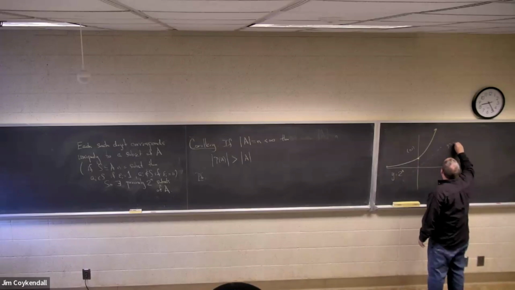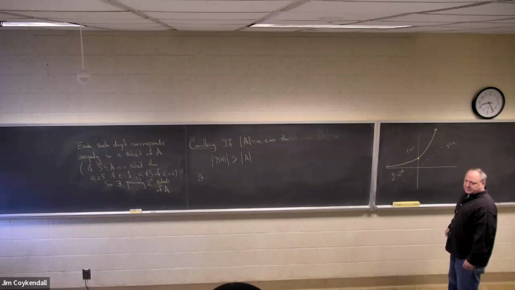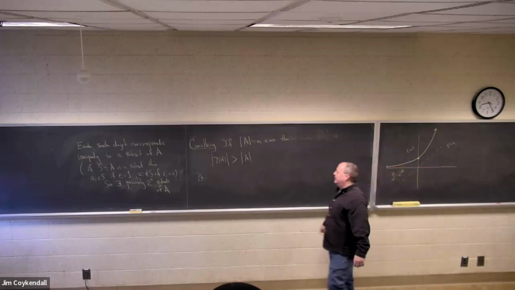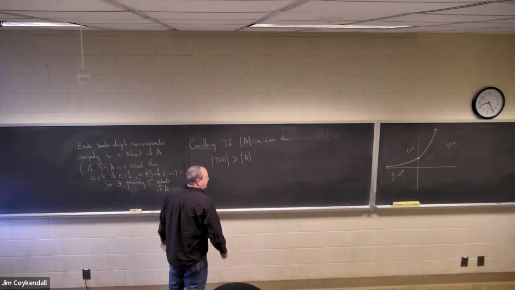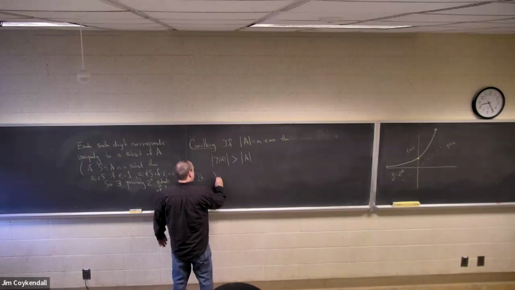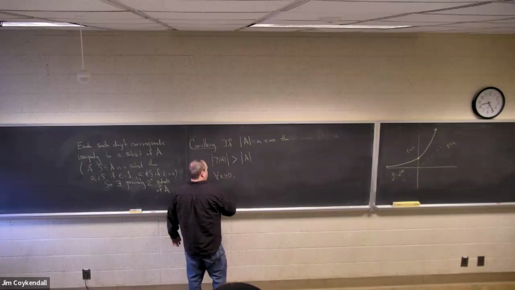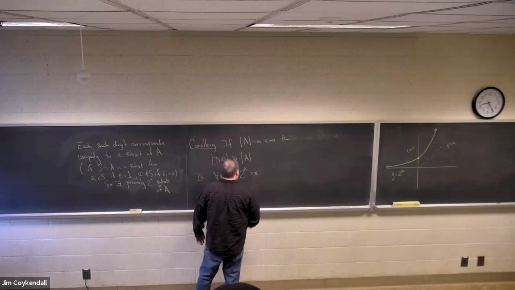This is what y equals x looks like. Which one of the functions is bigger? The top one is, right? You can convince yourself of that using some calculus if you like, but for all x greater than or equal to 0, 2 to the x is greater than x.